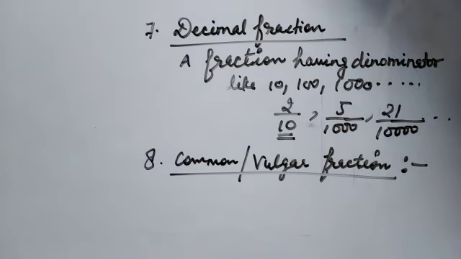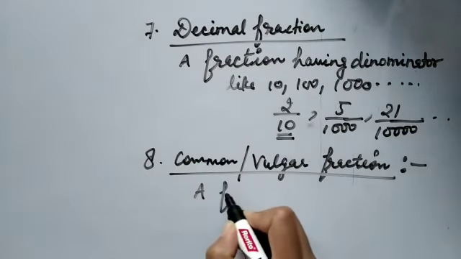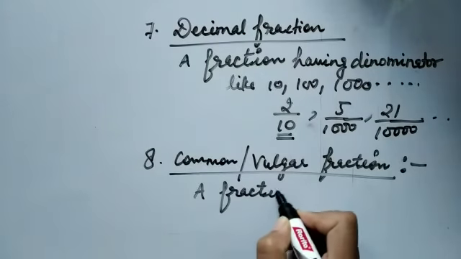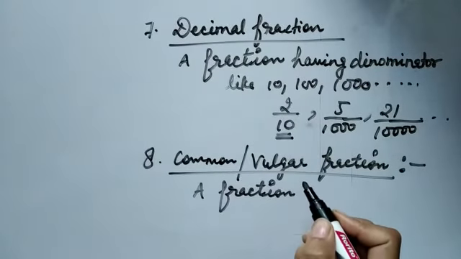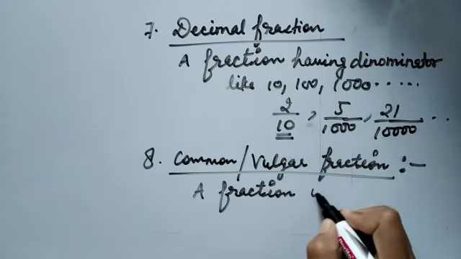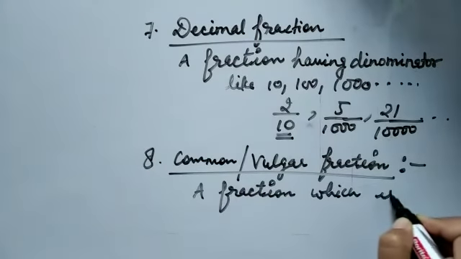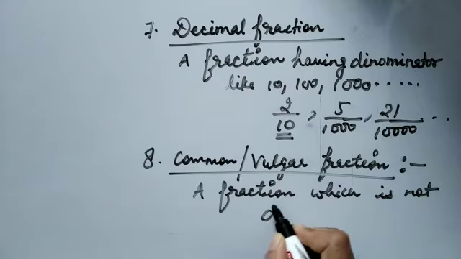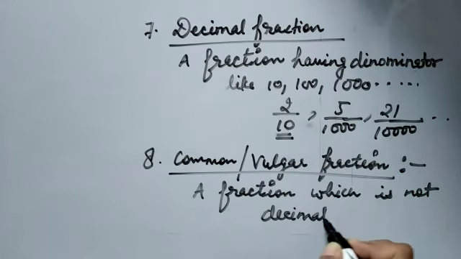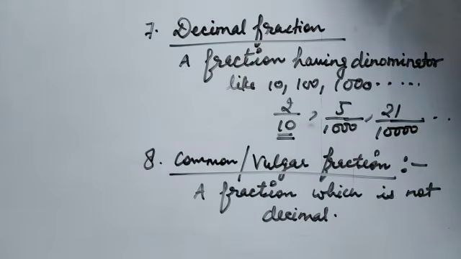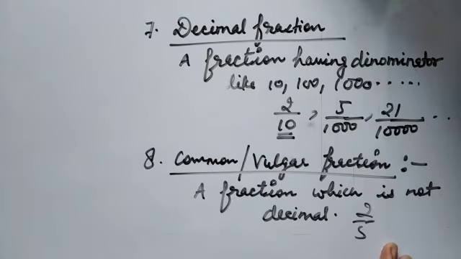A fraction which is not decimal, or which is common, is known as vulgar fraction. For example, 2 by 5 is, I know it's a proper fraction, but it's not a decimal fraction. So this is the example of vulgar fraction.